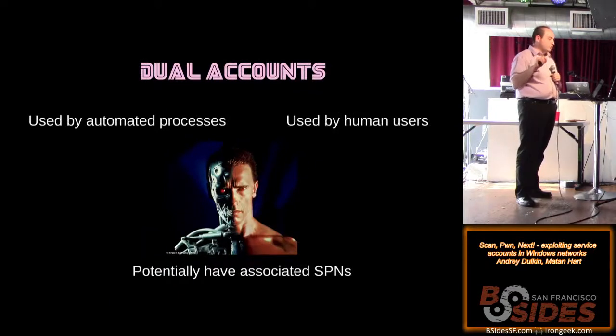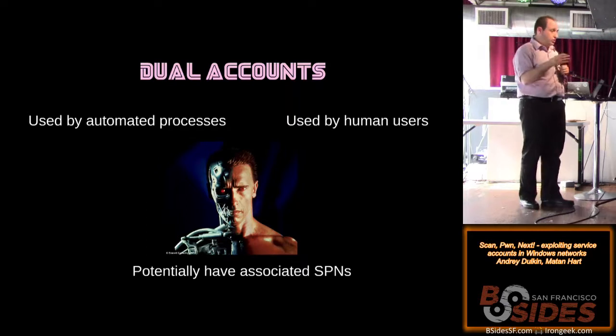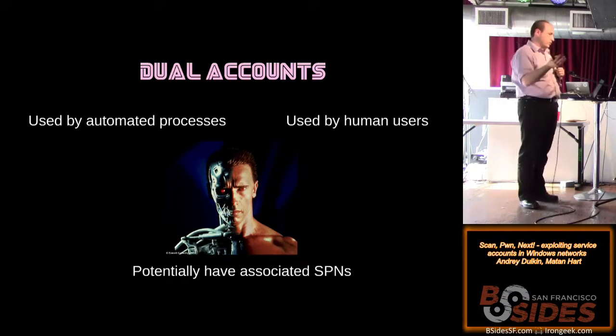An important point to note here is that we said that those service accounts are used by automated processes. It is often the case that the same account is used in parallel by a human user. And when it's used by a human user, it creates dual exposure, because both the human users and the automated processes leave behind those credentials.